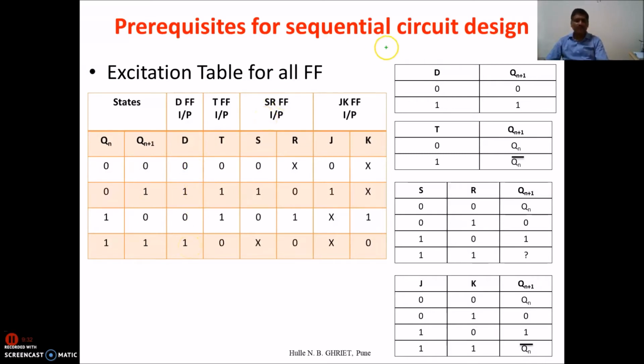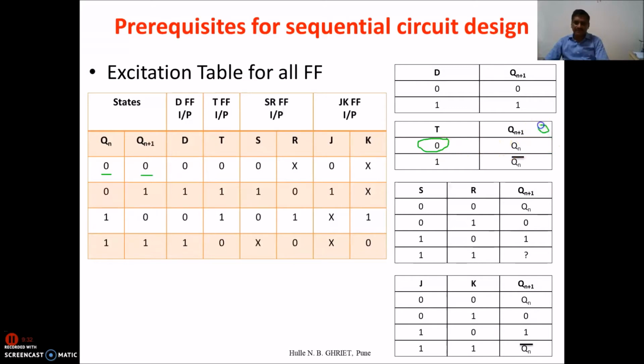Now, to understand the excitation table of the T flip-flop, look at this. In the T flip-flop, if the present state is 0 and we want the next state to be 0, at what condition will the next state be 0? Look at this flip-flop. The present state is 0, we want the next state to be 0, and this is obtained by using this, because whenever the input is 0, Qn, the previous state, is maintained.